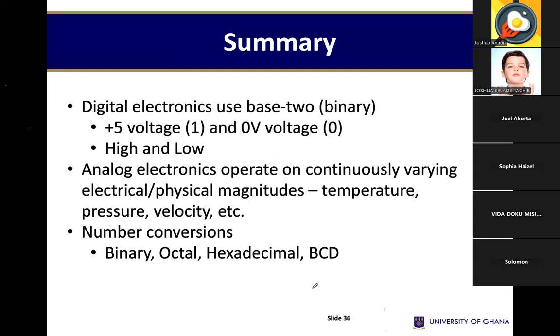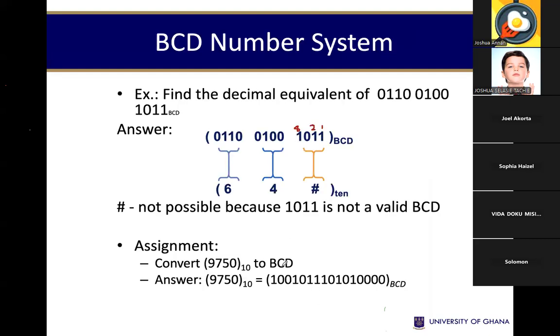In summary, you have been able to look at digital electronics using binary or base 2. So the plus 5 volts is normally represented with a 1, okay? And then the 0 volt is represented with a 0. So when it goes into the computer system, you realize it's going to be like this. These are the signals.